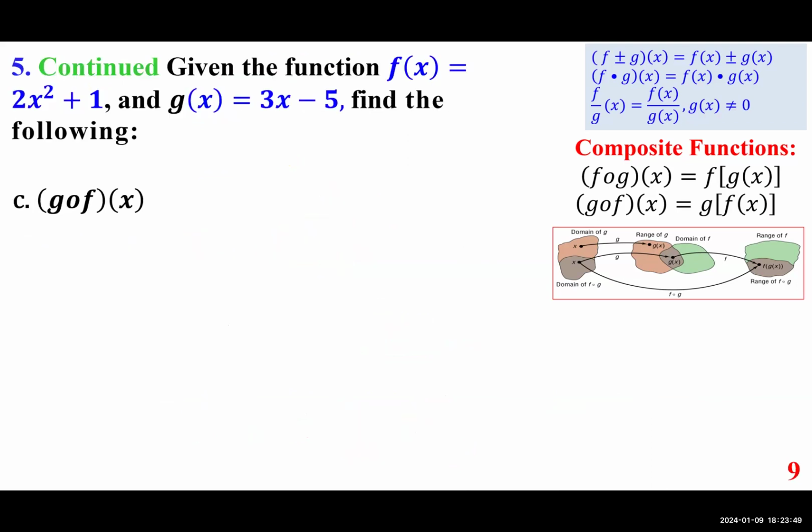All right, we are going to look at g o f now. g o f by definition means g of f of x. So into this function goes f, meaning replace the x with the function f of x.